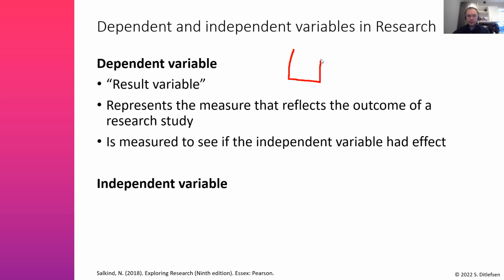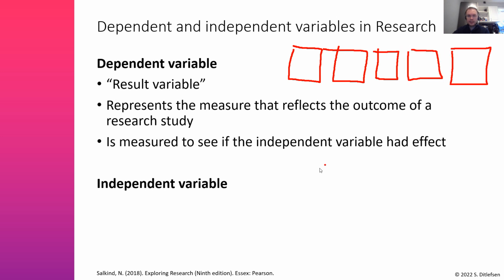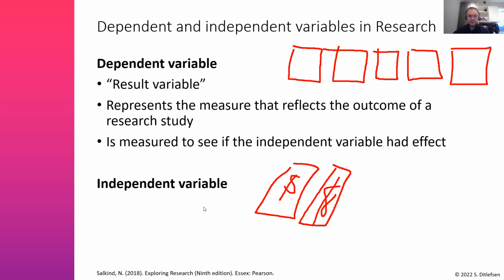Dependent variable, number of boxes you get out of the factory. Maybe you get 4, 5 boxes. How will you get more boxes? Well, you increase salary to the employees. So independent variable, think of salary. Dependent variable, think of number of boxes that the factory can produce.